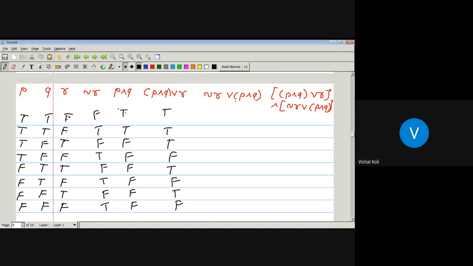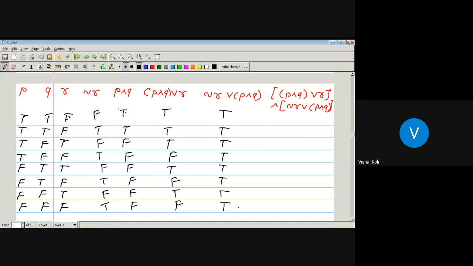Now next one, negation of R or P and Q. This one with this one, and if both are false, then only its corresponding value will be false. Then this one F, this one T, then it is T. T, T, T, F, T, T, T, F, T, F, T, T. So all are true.